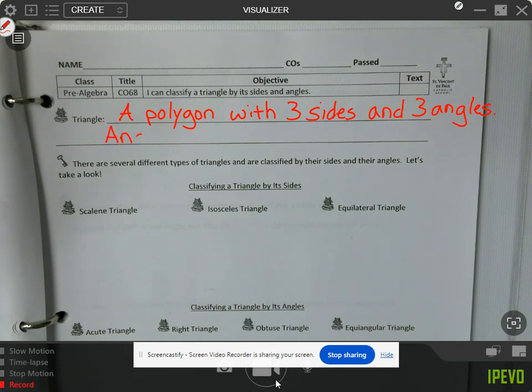The angles always equal what? Always equal 180 degrees. It is important that we put the degree symbol. It's not 180 puppies. 180 degrees. Make sure you put your degree symbol.